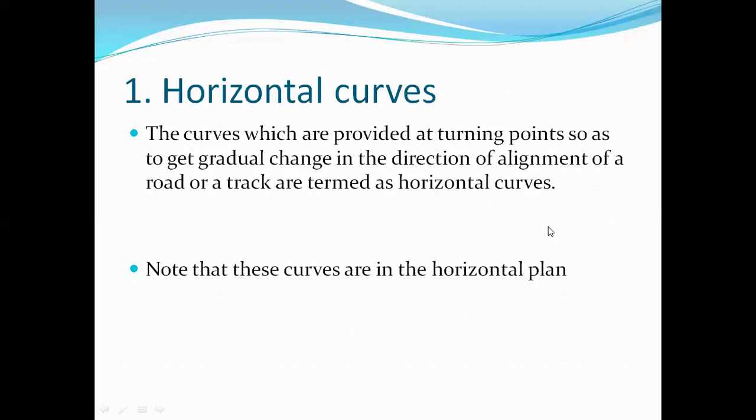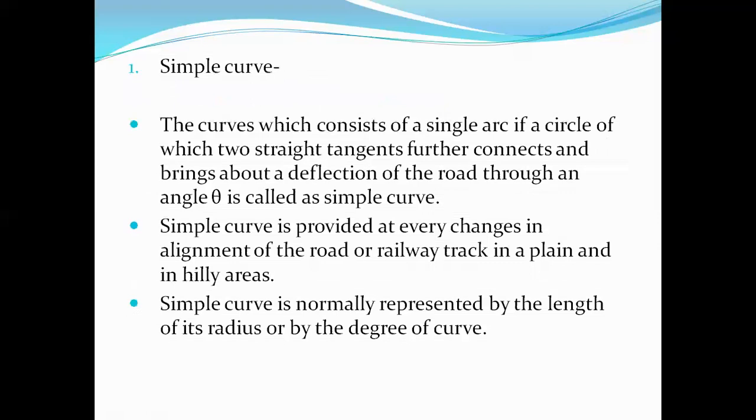That is, the horizontal curve is provided at the turning point where the gradual change of alignment of the road or track is required. Note that these curves are in the horizontal plane.